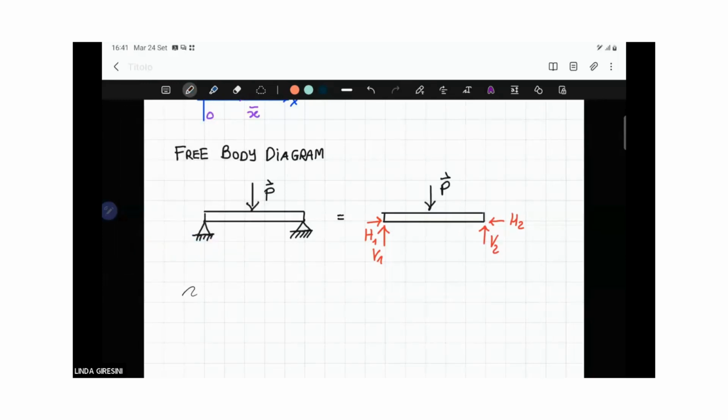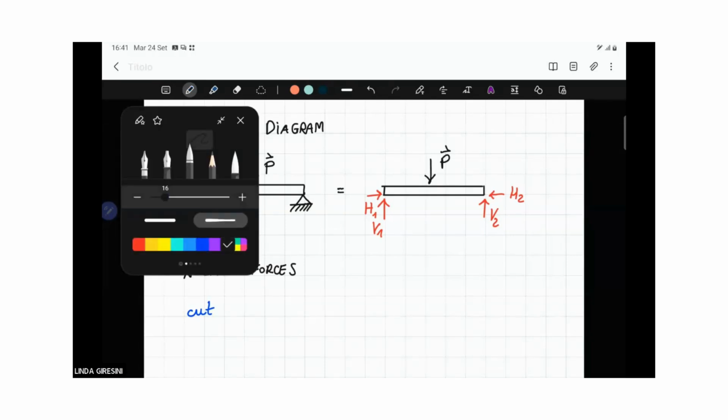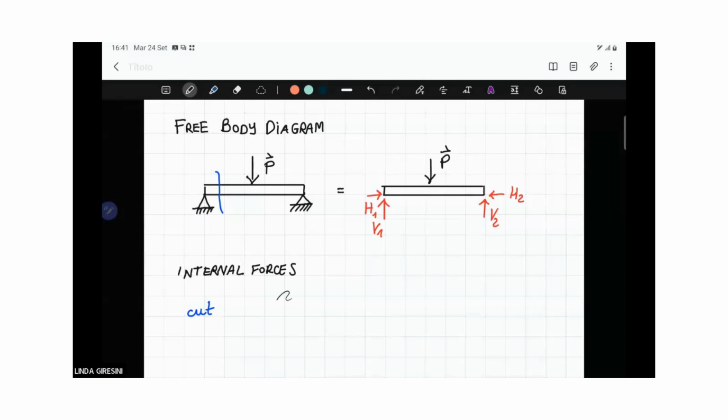And the definition of internal forces is when I apply a cut into the beam. For example, in this position, I make a cut. So through the cut, I can zoom in this cut.